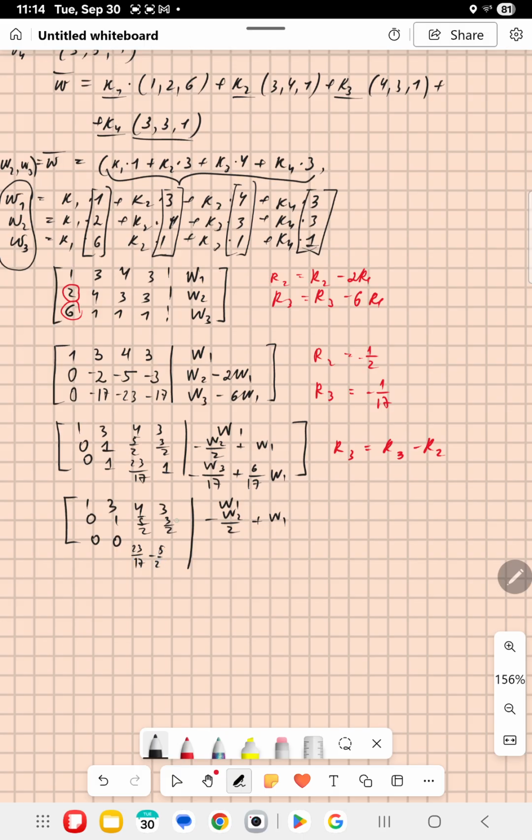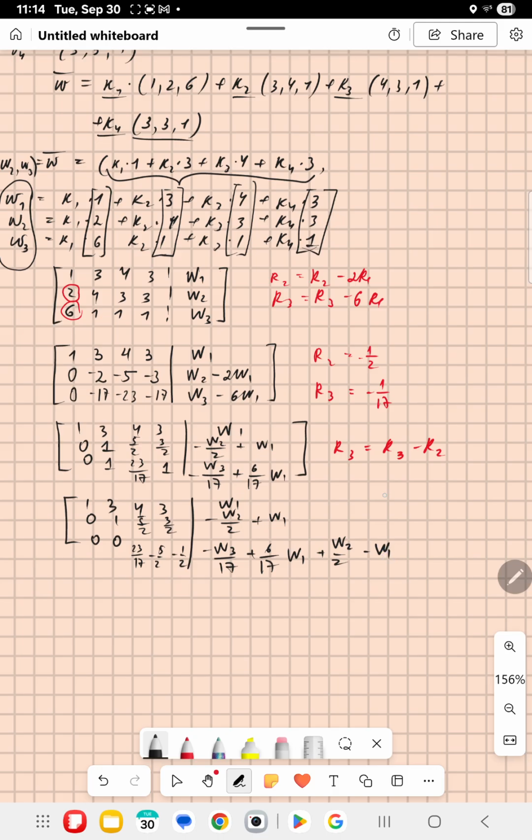And here is going to be 1 minus 3/2, minus 1/2, right? And here is some result of subtraction. Minus W3/17 plus 6/17 W1 plus W2/2 minus W1. Wow.